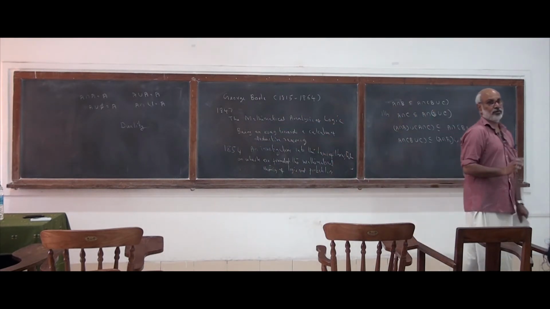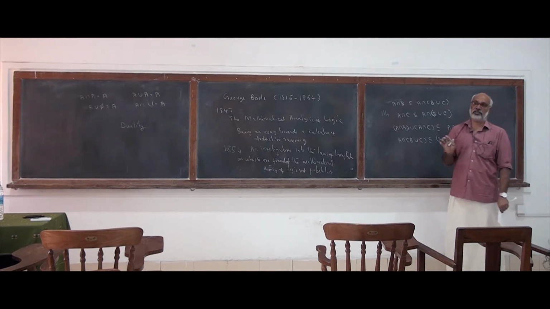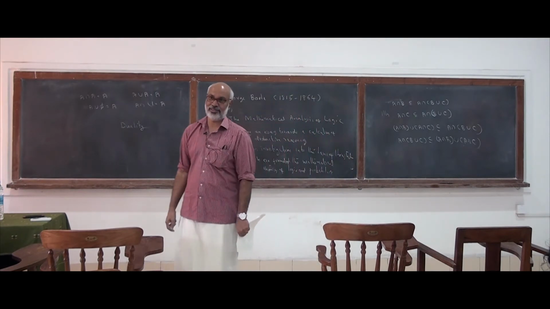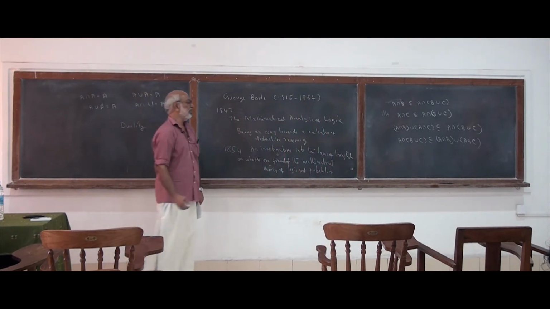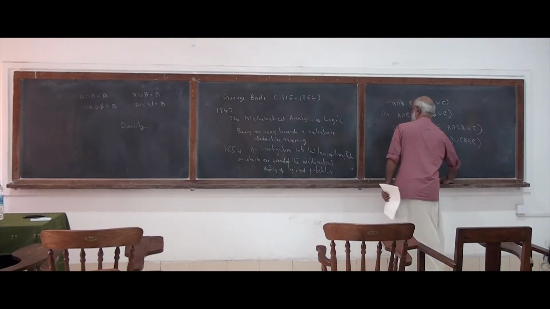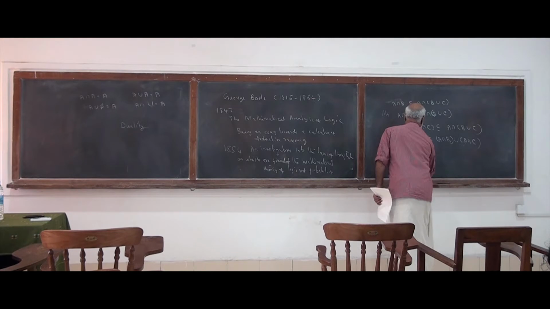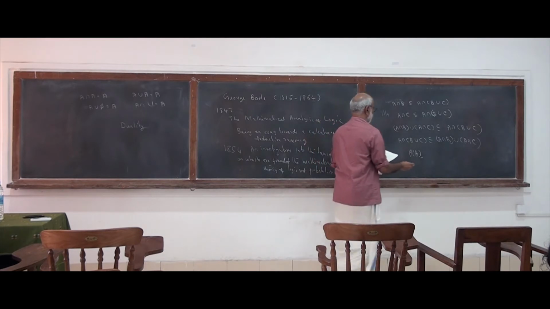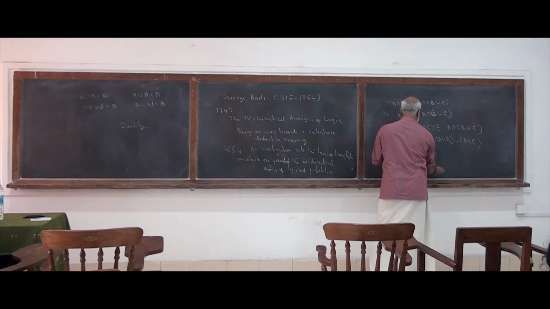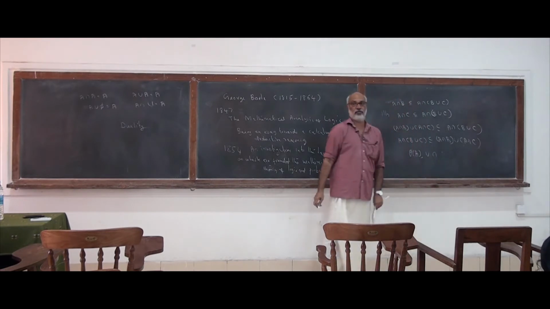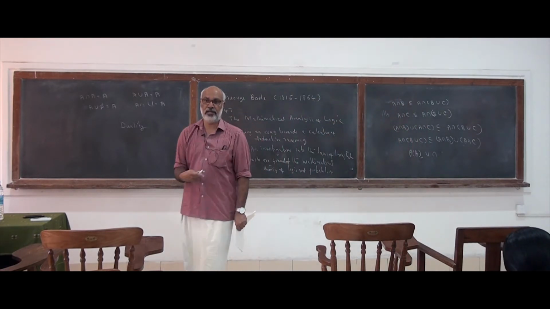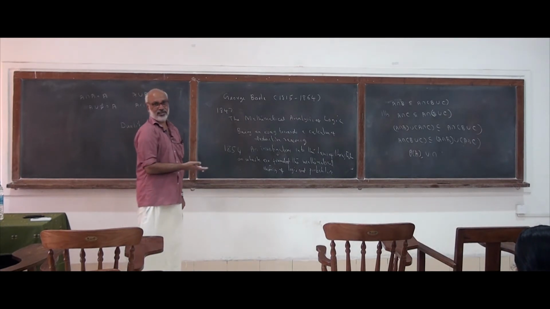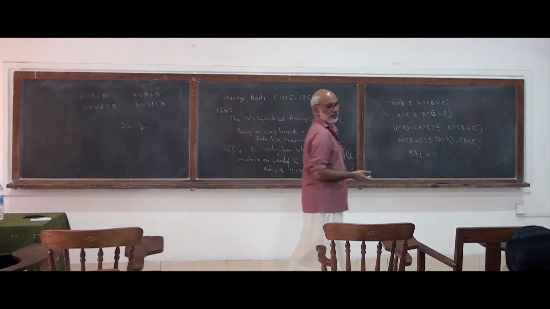So a non-empty set with the two binary operations of addition and multiplication and the unary operation of complementation satisfying these four axioms is called a Boolean algebra. One typical example is the power set of a set A, where for addition you take union, for multiplication you take intersection, and for the unary operation of complementation you take the complement with respect to A. Then all these axioms are satisfied.